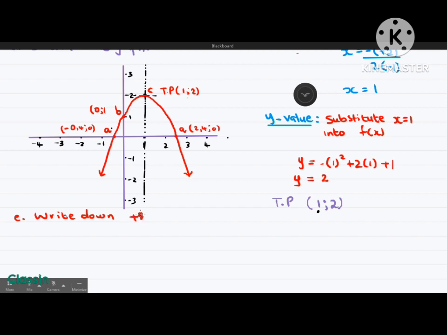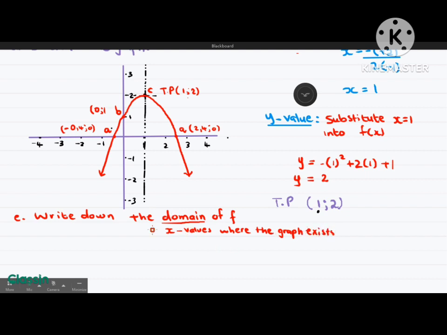the domain of F. Write down the domain of F. So when they say write down the domain of F, remember that the domain is all the X values where the graph exists.